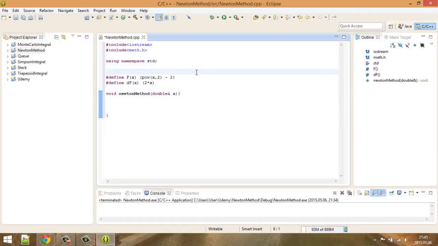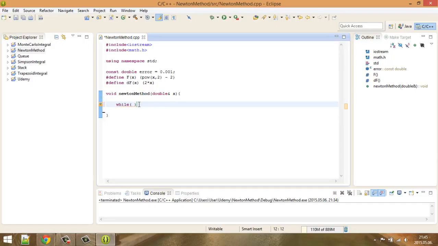So here we just have a const double error equal to 0.001. Here we just have to run our algorithm as long as the absolute value of f(x) is greater than the error term.